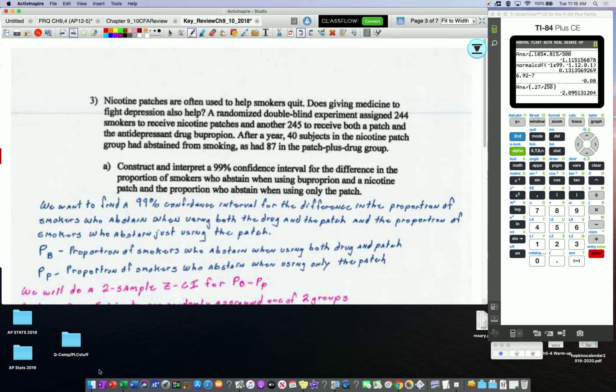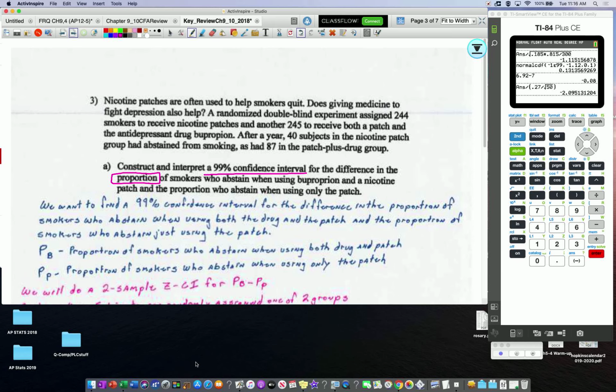So this one says, construct and interpret a 99% confidence interval for the difference in the proportion, so that's telling you what type of interval you're doing, of smokers who abstain when using bupropion and a nicotine patch, and the proportion who abstain when only using the patch.